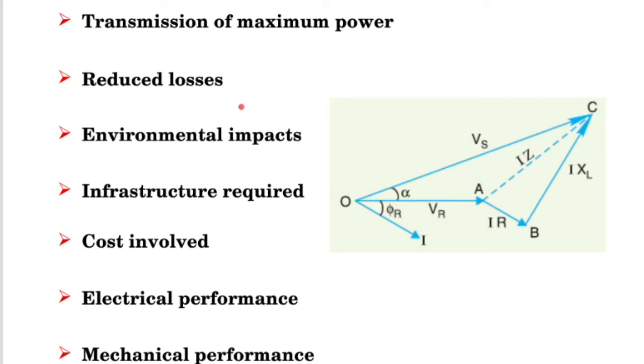So what we do, those transmission lines are left outdoors, and they are subjected to atmospheric conditions during the whole of their operating life. They are subjected to atmospheric conditions, meaning environmental aspects need to be considered. What are the impacts of environmental aspects?